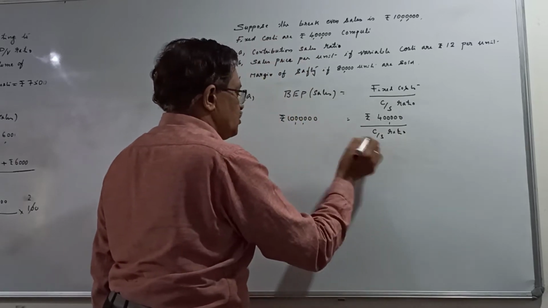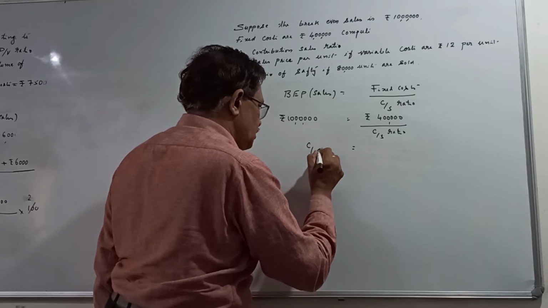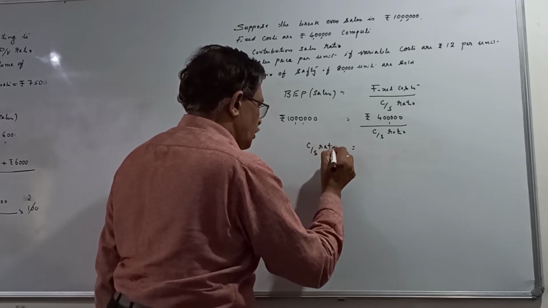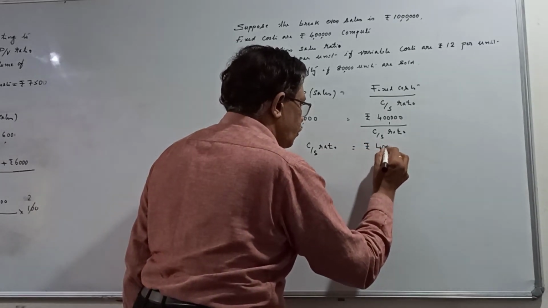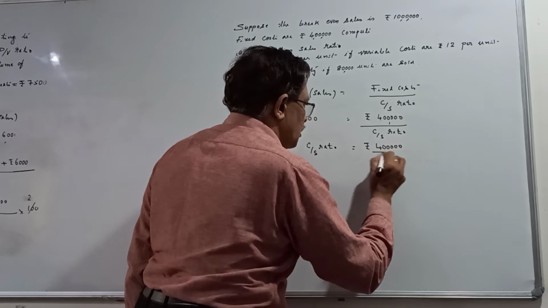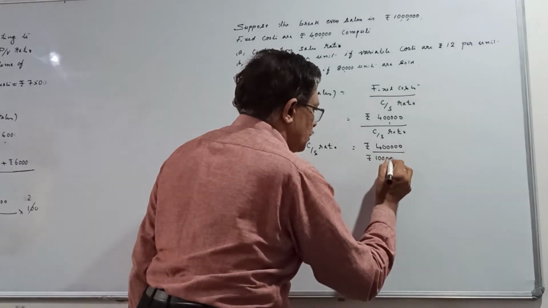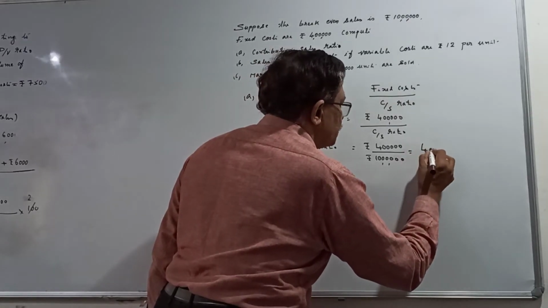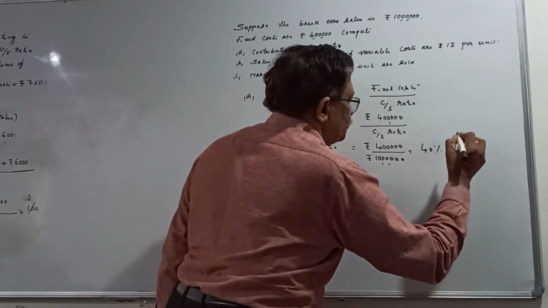Now let us cross multiply this. Then C by S ratio is going to be equivalent to rupees 4 lakhs divided by rupees 10 lakhs. That is nothing but 40% or 0.4.